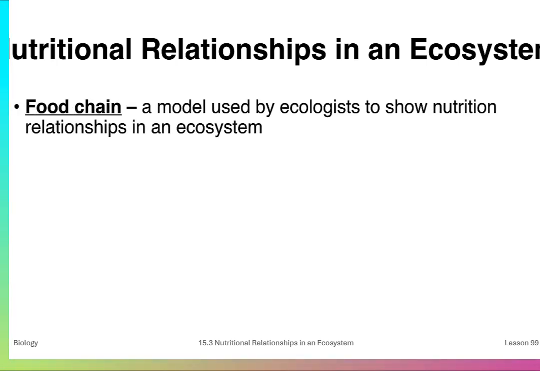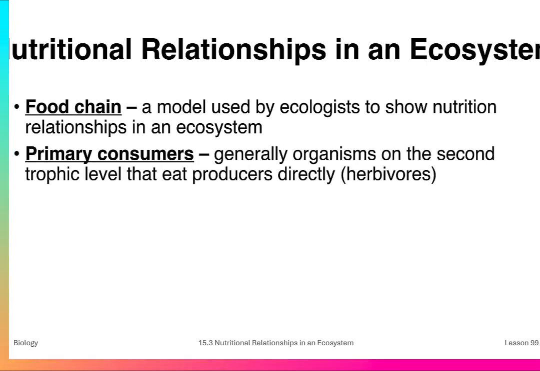Now, another way to look at nutritional relationships is to look at what's known as a food chain. A food chain is a model, which means it's something ecologists set up to show the nutritional relationships within the ecosystem. And again, it's very much like trophic levels.